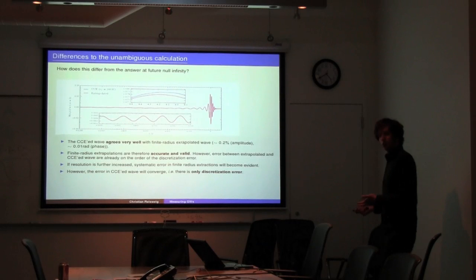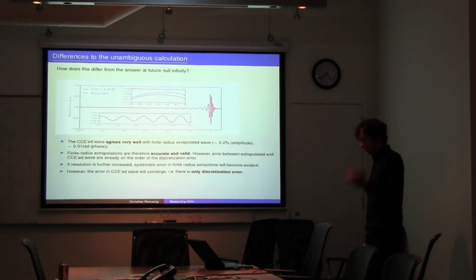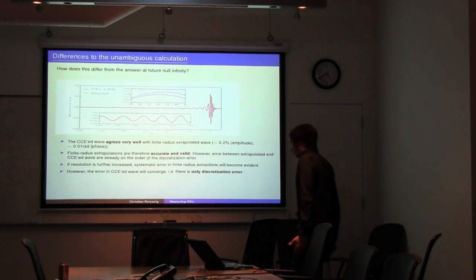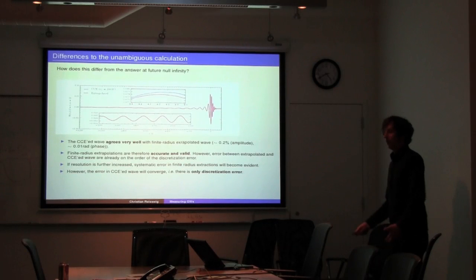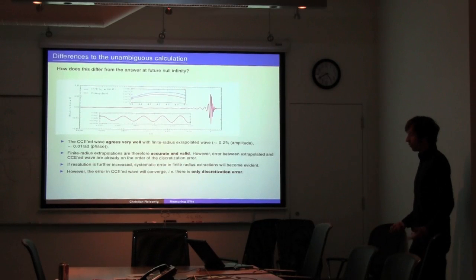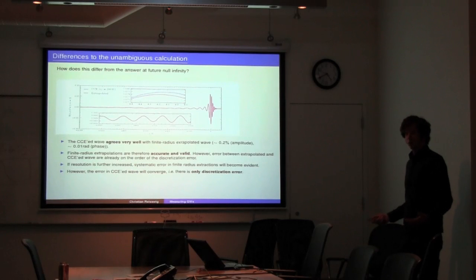So that means, in total, that eventually your accuracy is not limited necessarily by the resolution around the black holes, but also by the fact that your extrapolation induces an error which is a systematic one and which doesn't converge away.